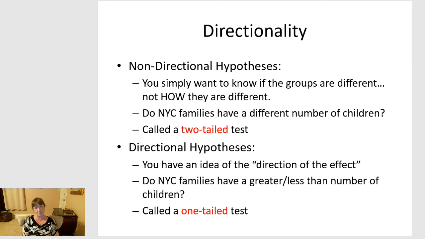But sometimes researchers have a very specific agenda where they are only looking for their findings to be in a particular direction. We call this, again, the direction of the effect.